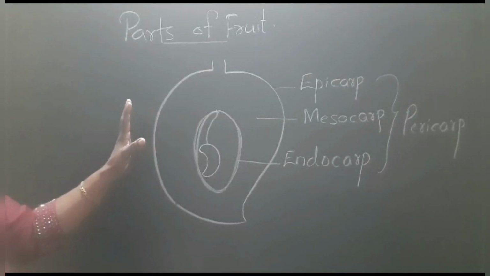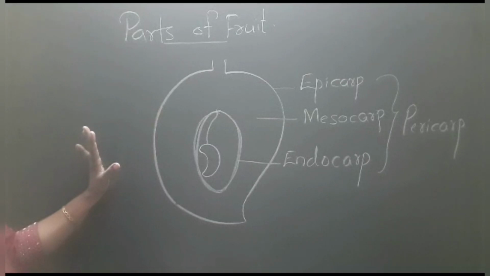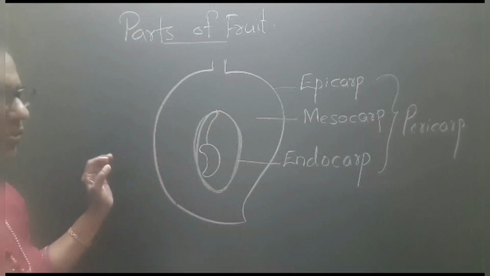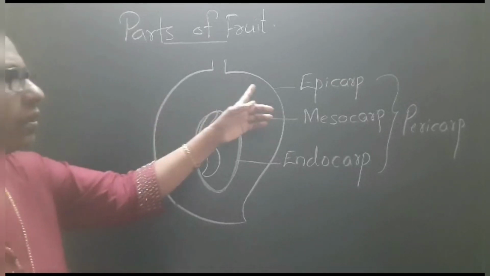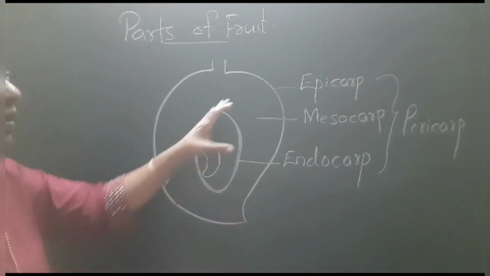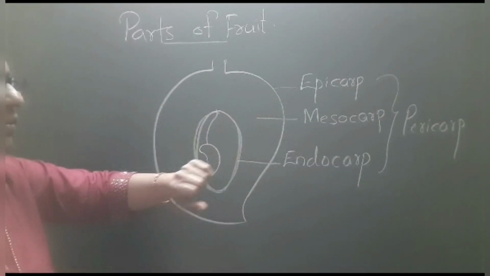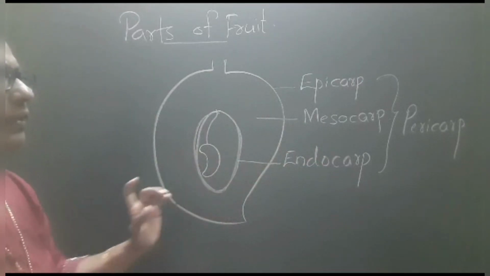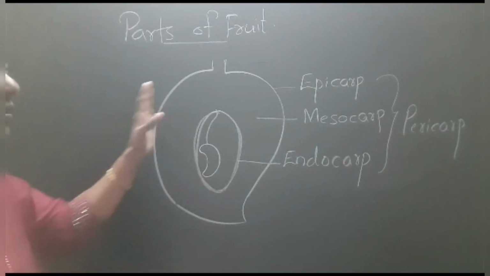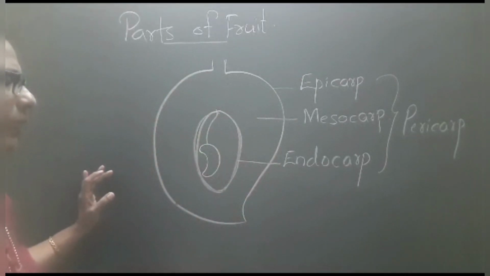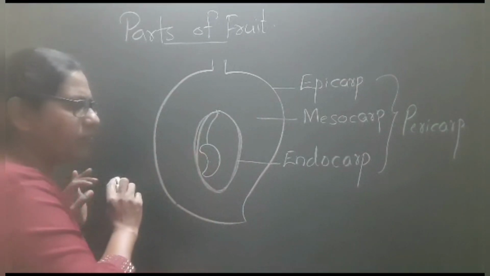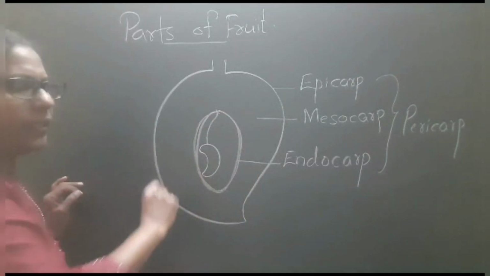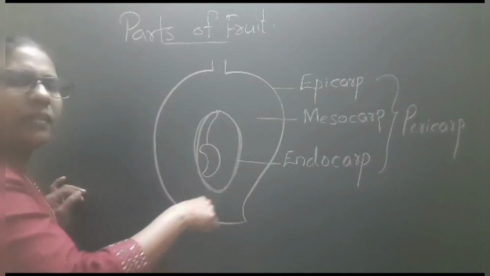The pericarp develops into 3 layers in fleshy fruits: the first layer is epicarp, then the inside edible part is mesocarp, and the third layer is endocarp. These are the parts of the fruit. Inside that there is a seed. Because of these three walls, the seed is very safe inside the fruit.